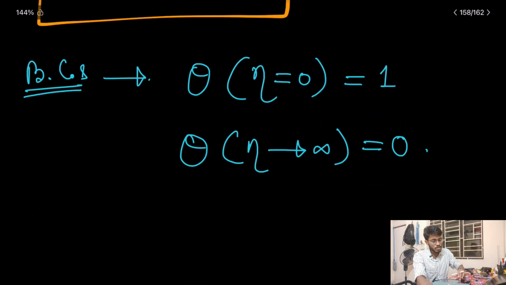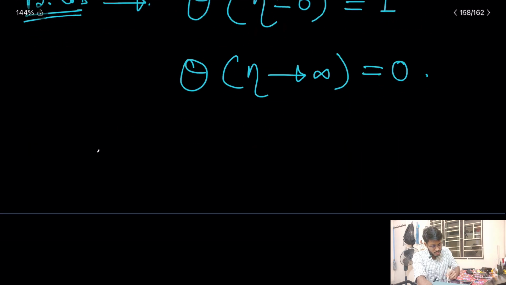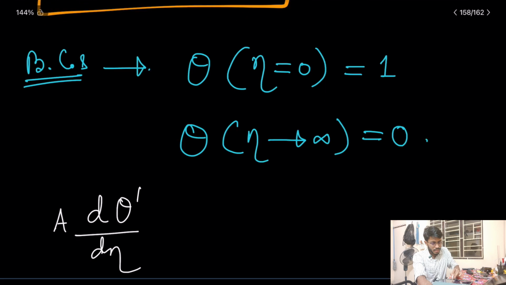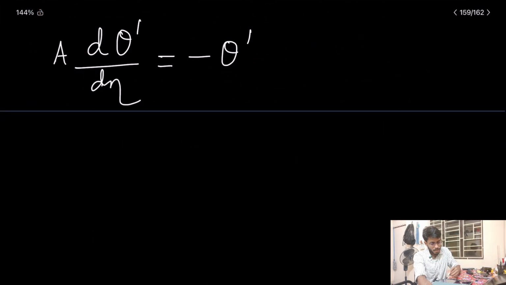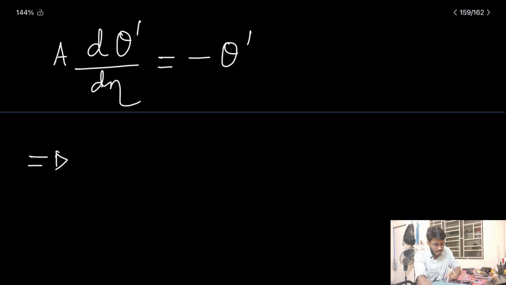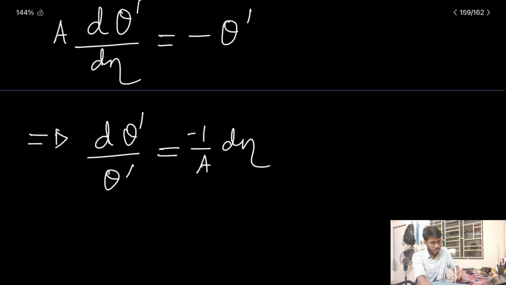Now let me quickly solve this ODE. I can write this ODE as d theta dash by d eta into a is equal to minus theta dash. Clear? So I can write 1 by a minus 1 by a d eta.